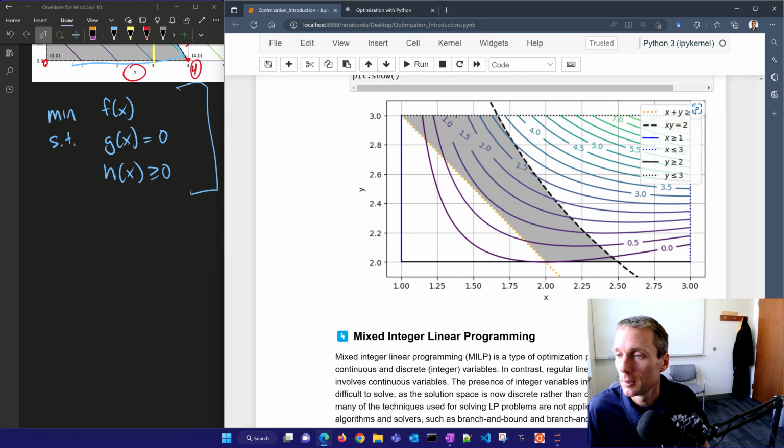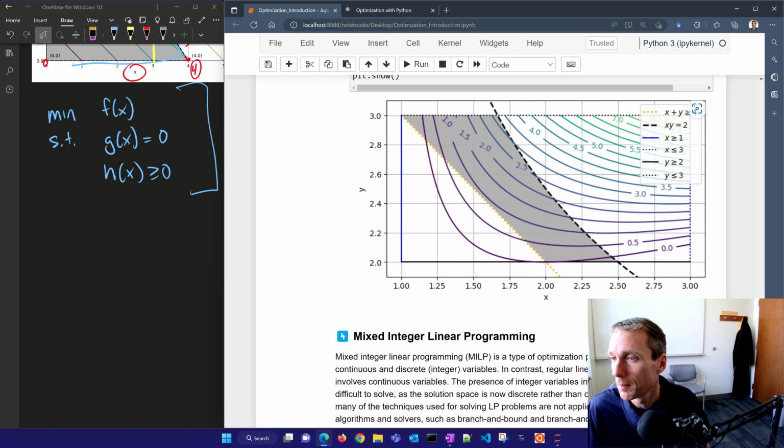All right, so here the gray area is my feasible solution area. Now, if I'm trying to minimize, then my minimum is going to be right here on the very far right lower gray part, the intersection between the black dashed line and the black solid line.